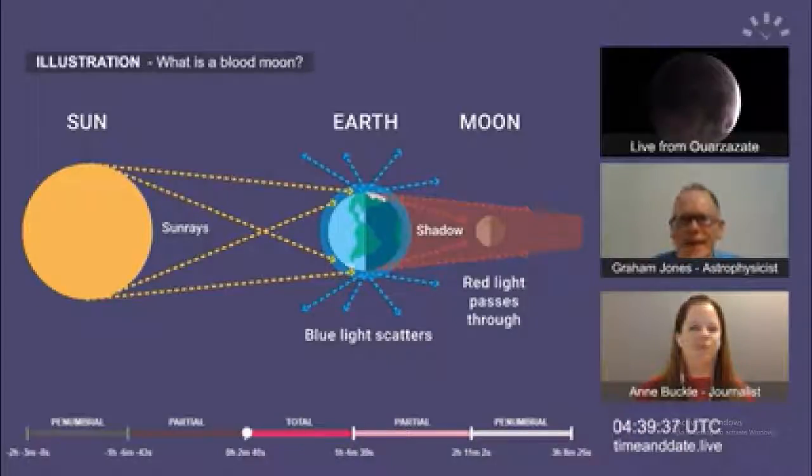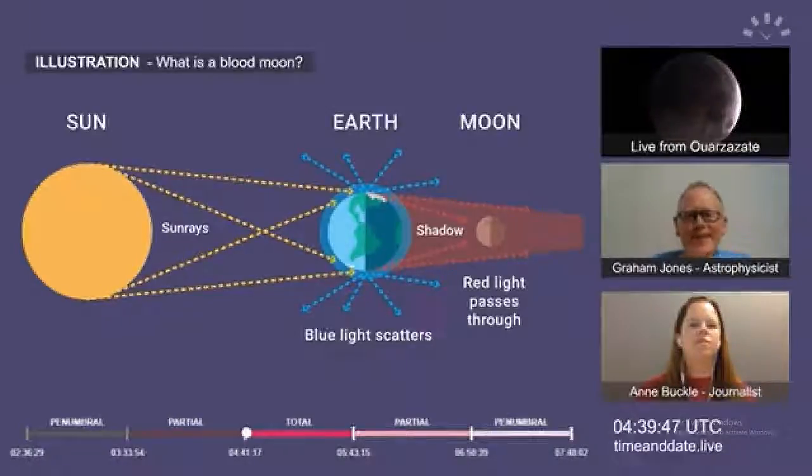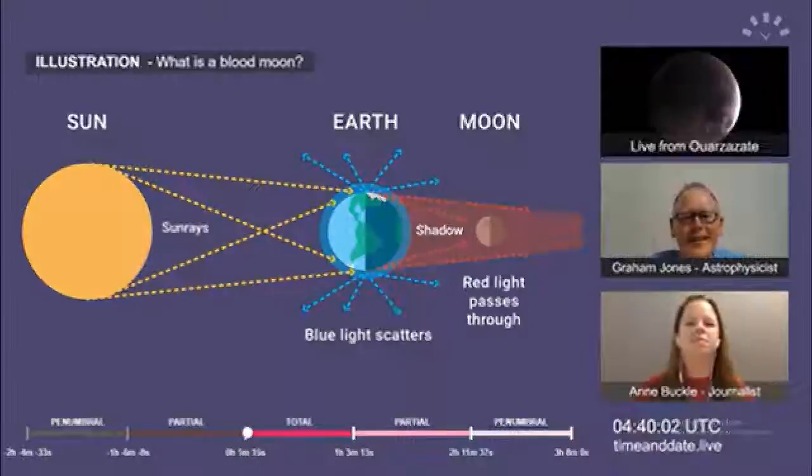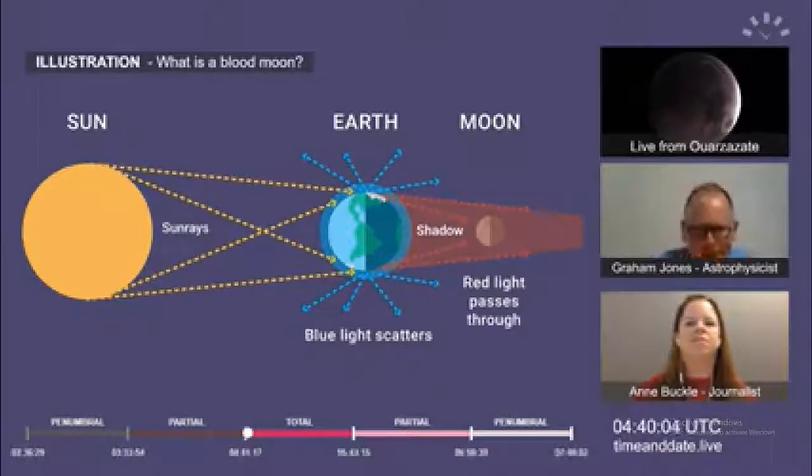Yes. So going back to what is happening in the Earth's atmosphere, the first thing is that the light is being scattered. Blue light is being scattered away, out of the sunlight. The second thing that is happening is that sunlight is being bent. This is something called refraction.